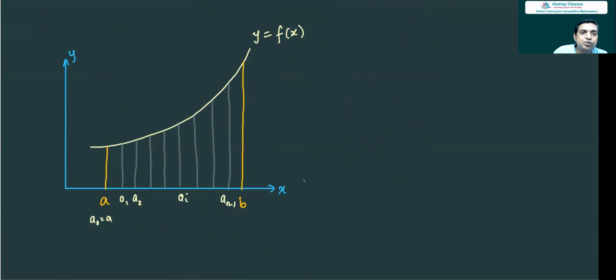Now I choose the maximum of the function value within the subinterval. I get an area which is larger than the actual area.